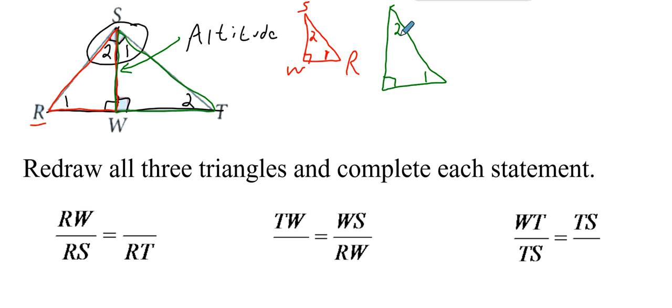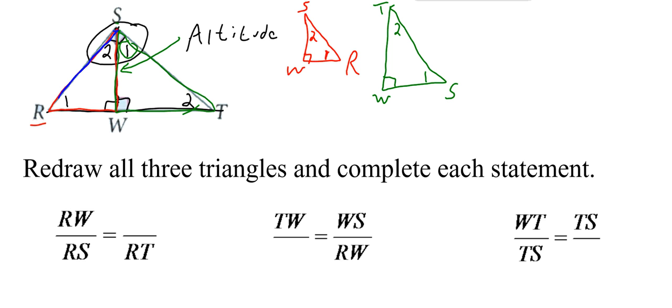For the green triangle, the right angle is W. Angle 1 is up here, so that vertex is S. And for angle 2, that vertex there is T. So those two triangles are similar. Our third triangle that's similar, and they're similar by angle-angle similarity.